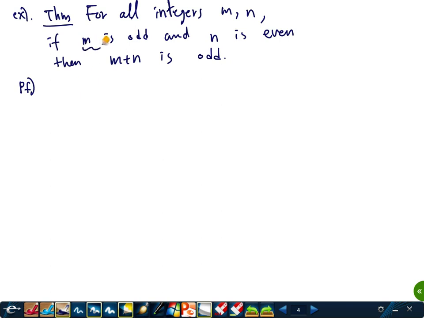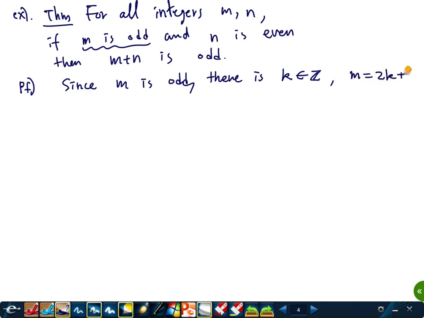Because of this assumption, what can we say? Since m is odd, by definition, there exists k such that m equals 2k plus 1. Is that right?